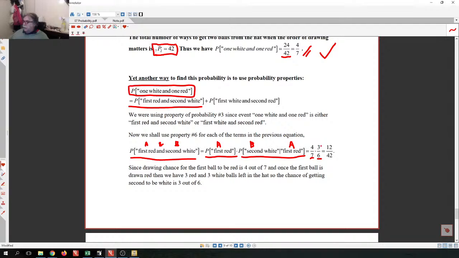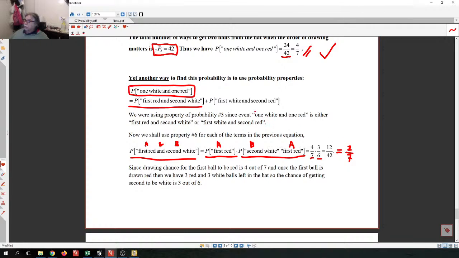You can now cancel the 3 and 3 here, and you can still cancel 4 and what is left here, 2. And if you multiply, it's 12 out of 42. But then you reduce this, you divide up and down by 6, and you end up with 2 out of 7.